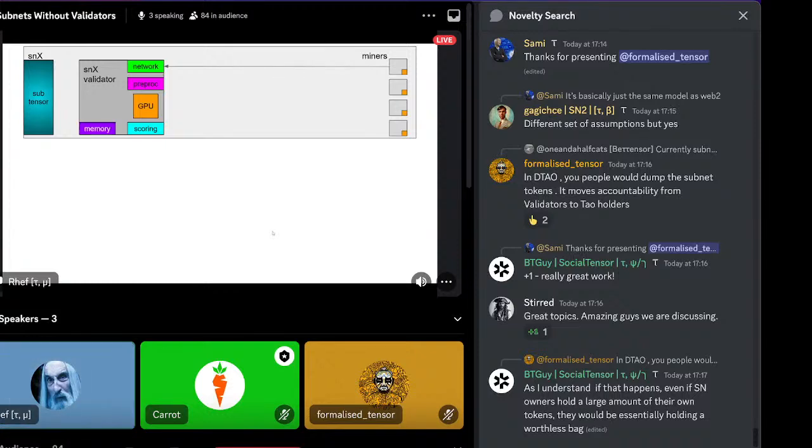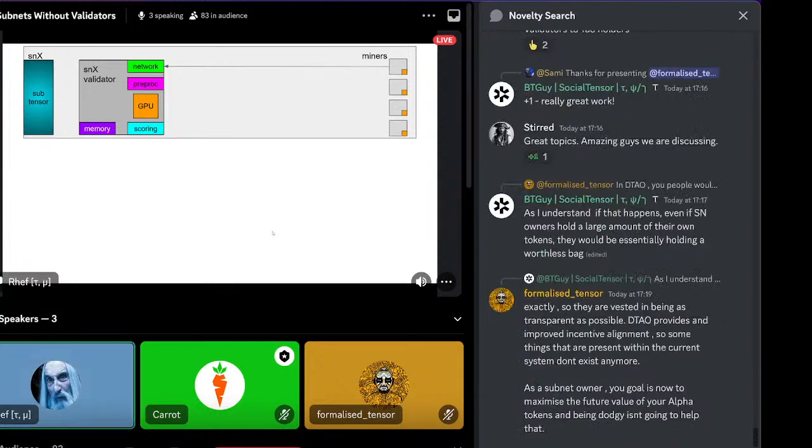And then we have memory, and we store this scoring in memory, which eventually gets turned to weights. So the tests are executed frequently, pre-processed, evaluated on the GPU, scored and committed to memory. And then every now and then, let's say 10, 20, 60 minutes, they are sent to Subtensor.